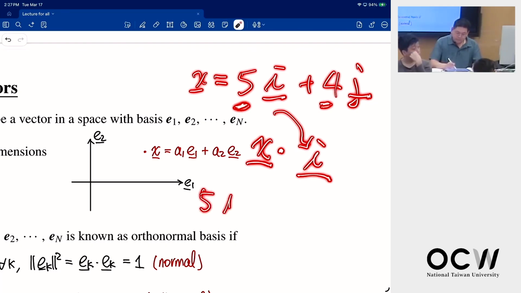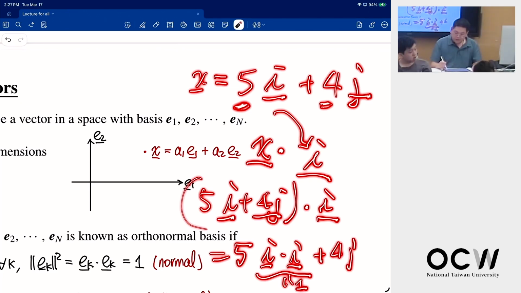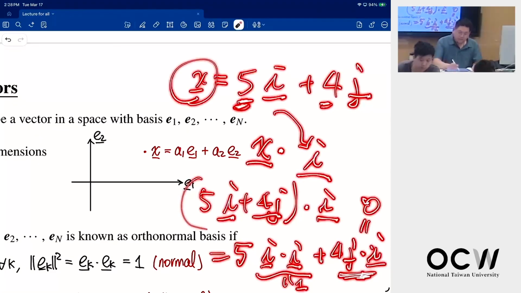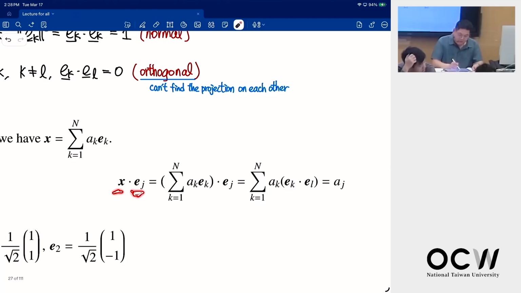Because 5i plus 4j inner product i gives 5, since i inner product i is 1 because they are orthonormal. And 4j inner product i should be 0, because they are orthogonal. So to get the coefficient, you take your vector inner product your basis, then you'll get the corresponding coefficient.